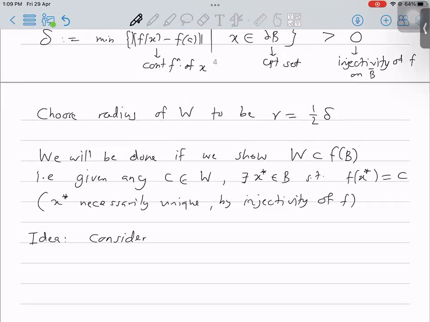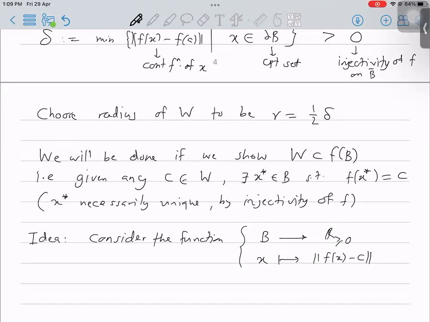So let's write this down. Consider the function from B, where X goes to the norm of F of X minus C. This function is a continuous function.